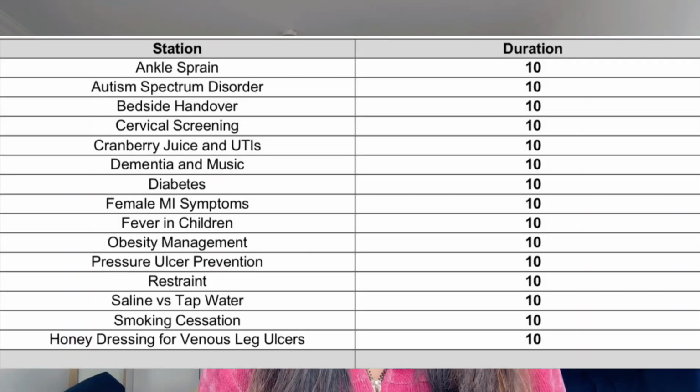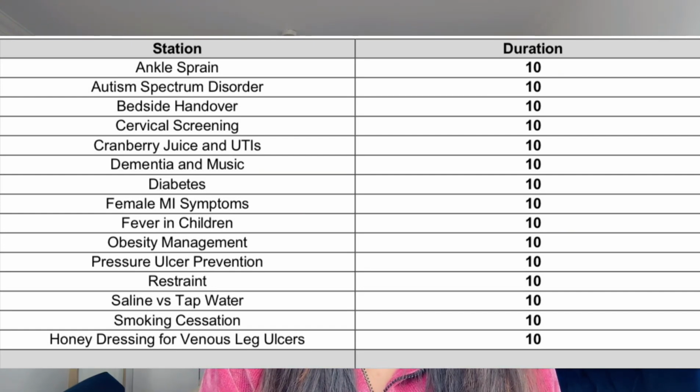And the last one is evidence-based practice. In this station also 10 minutes will be given to you, and there are 15 scenarios. From these 15 scenarios, one will be given to you. You have to prepare all these 15, and from these, one will be given to you in your exam. According to that scenario, you have to write at least 5 or 6 points to pass this station, and you have to write what you will do according to evidence-based practice if this situation happens in your ward or while you are working in the ward.